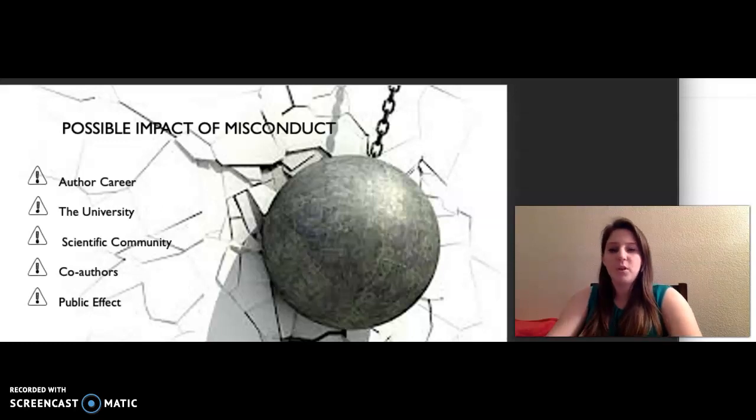The scientific community is always affected when it comes to misconduct, as it produces a lack of trust in scientific data to the public, as we see in COVID-19 with the public not trusting scientists' words.